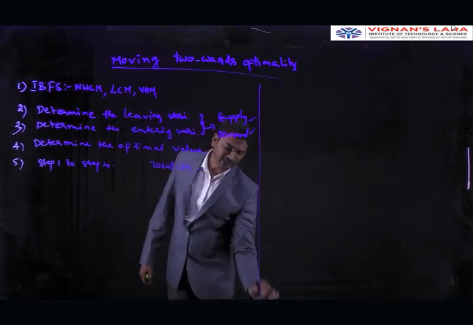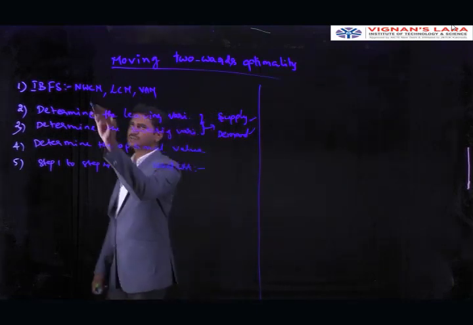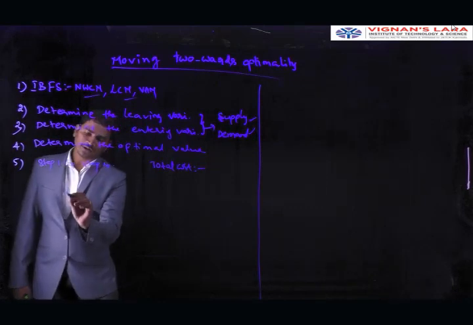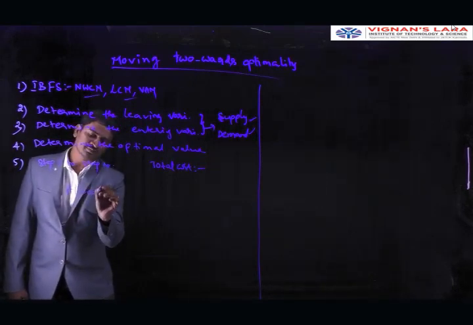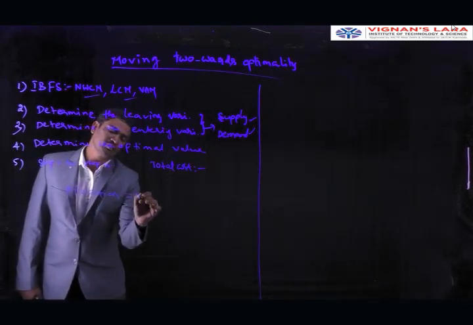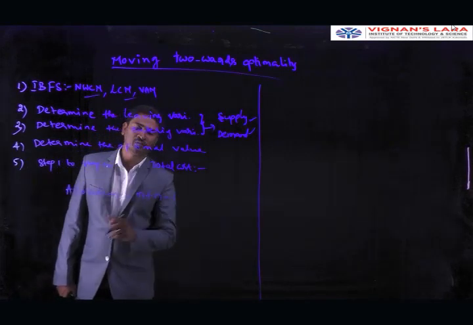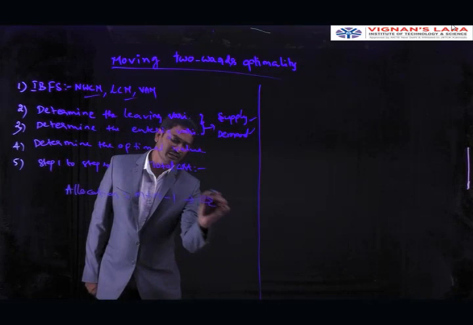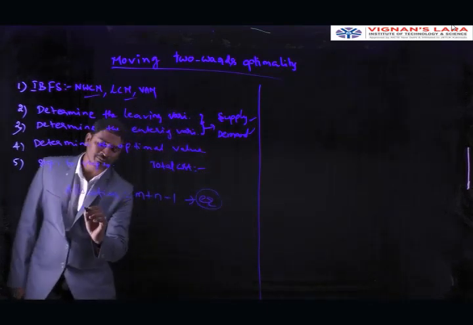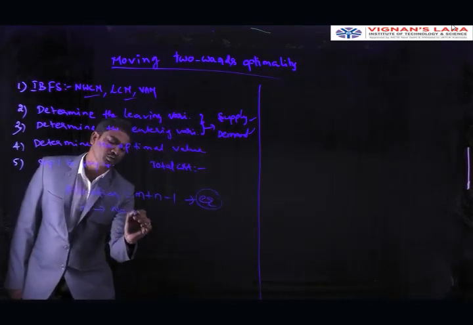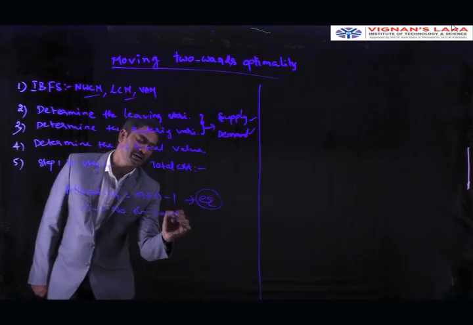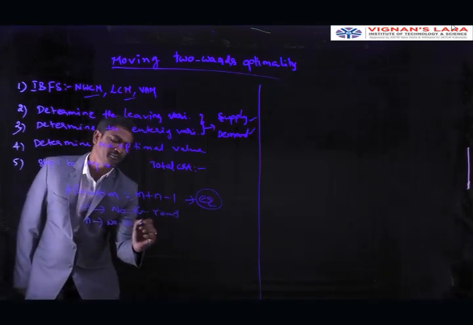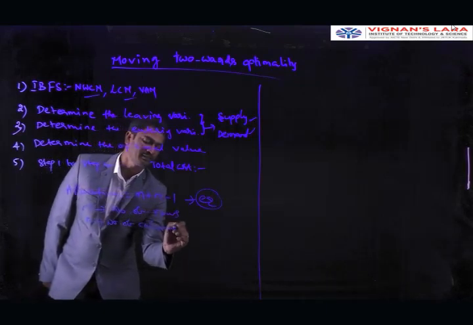After calculating the initial basic feasible solution by these three methods, we check the allocations. Allocations should be equal to m plus n minus 1. We have to balance this equation. Here, what is m? m is the number of rows in that particular matrix, and n is the number of columns in that matrix.